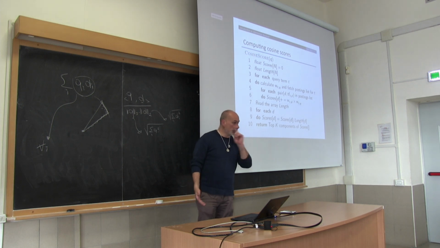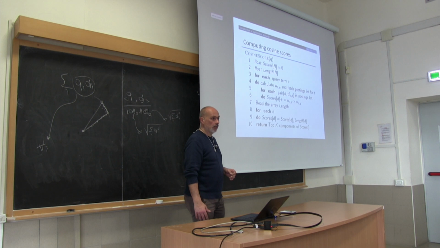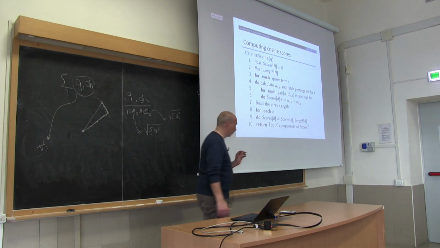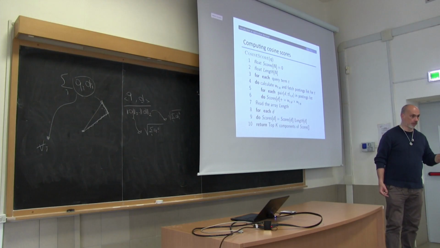Simple. Notice that this is called the one term at a time algorithm, because the outer for cycle is over the terms. So if you think of a real system, here you are picking one posting list after the other and updating the score for every document. Okay?